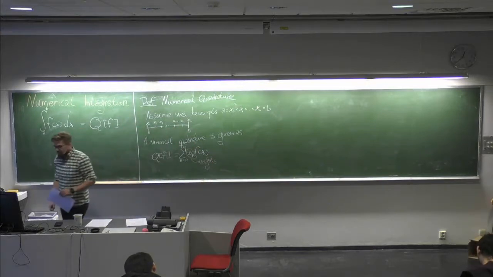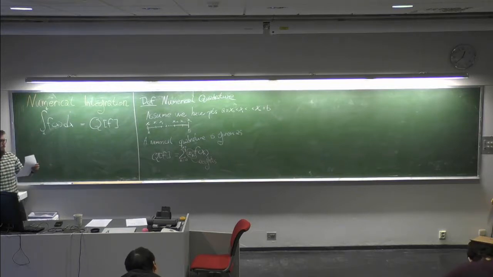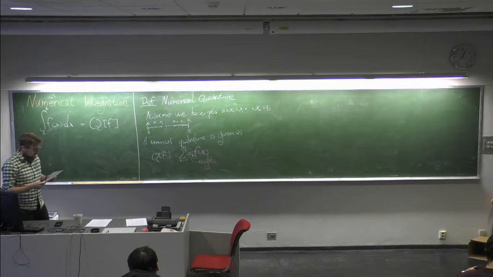So we can do the function evaluations. What we are really after is the weights. How should we weigh the different function evaluations such that we can approximate the integral?